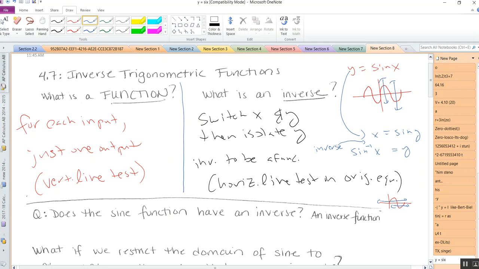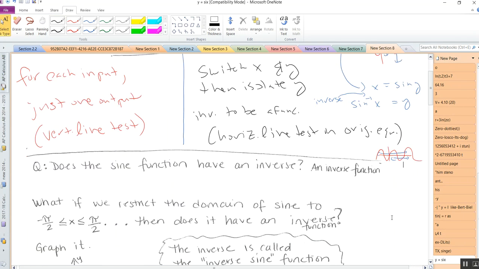In fact, they cross an infinite amount of times because sine is a repeating function. It's a periodic function, actually, the more formal name. And so the horizontal lines touch that graph so many times. So the inverse of sine won't be a function unless we do something to restrict the domain, meaning to restrict what x values are being covered by sine. We're going to talk about that in a sec.